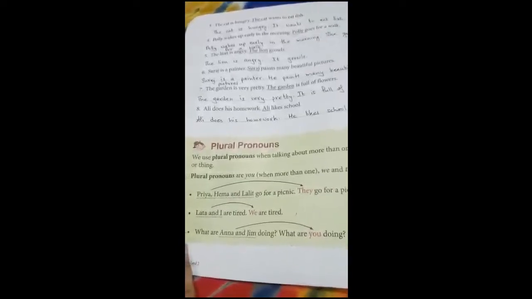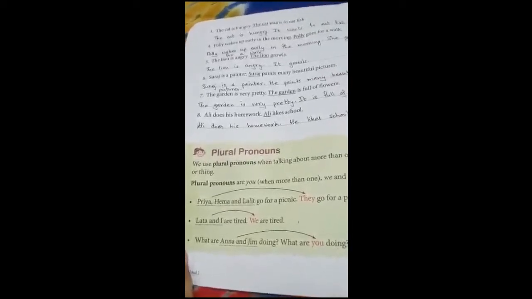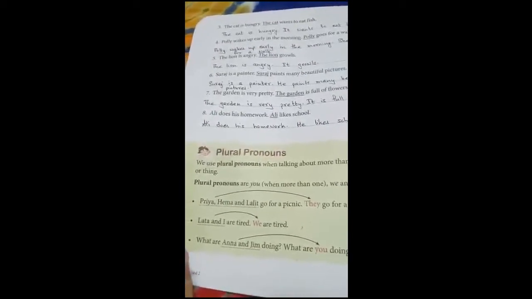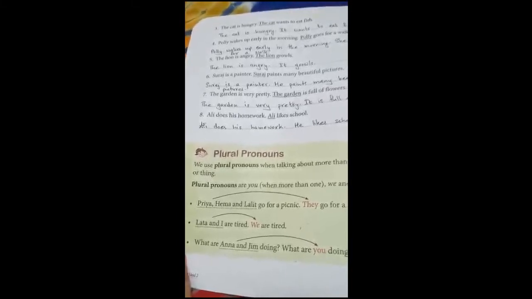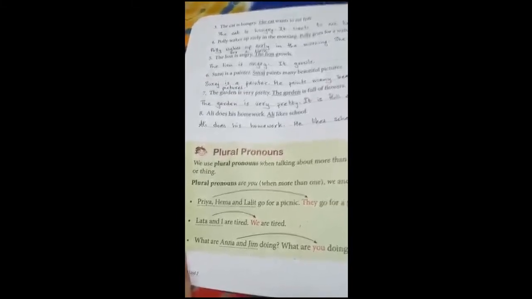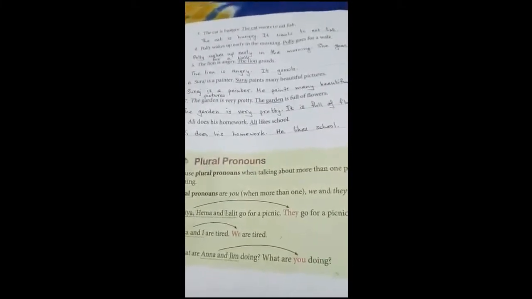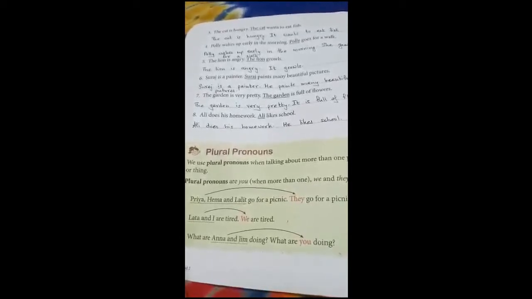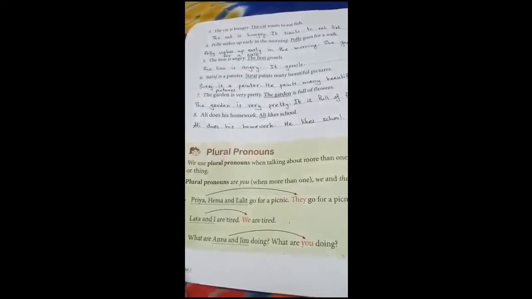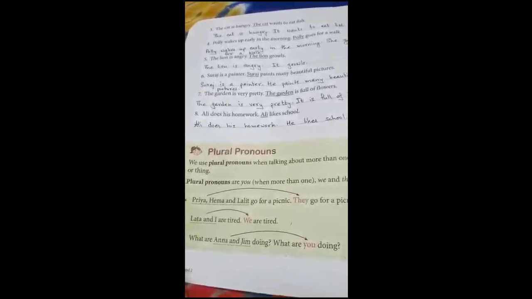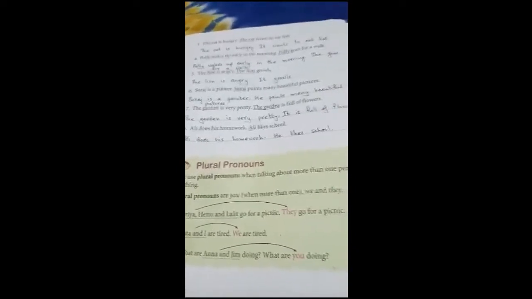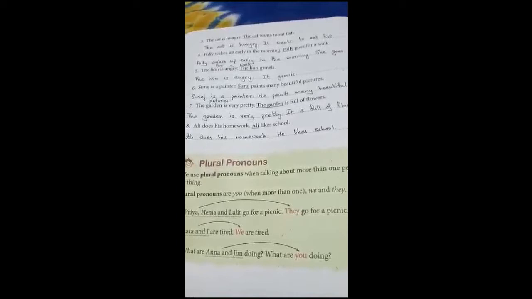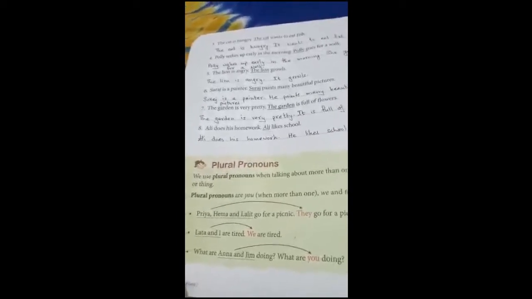As I have said before, you can be used as both singular and plural, so here we use you as more than one. Then we and they. We means many of us. They is also more than one, so it is plural.